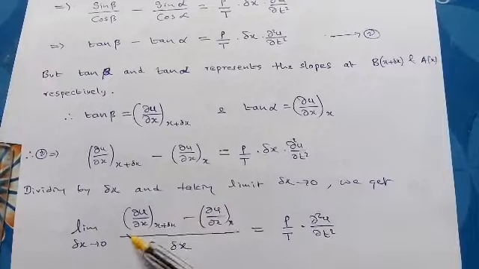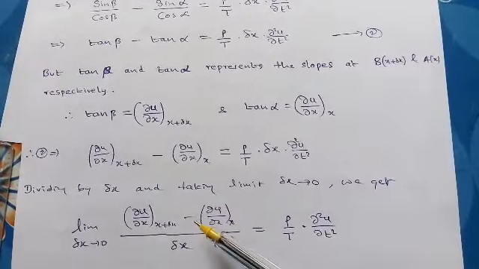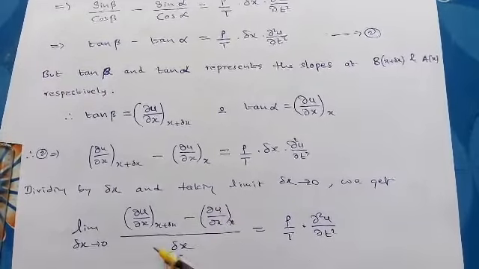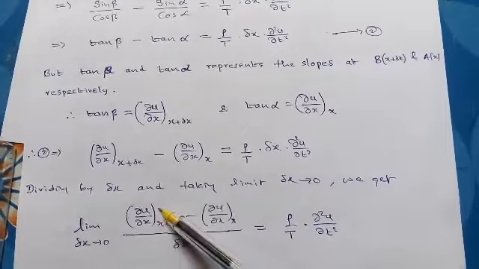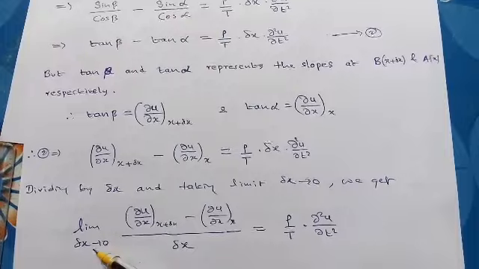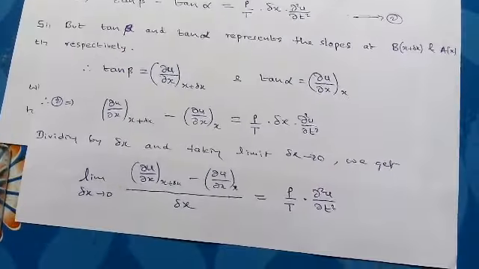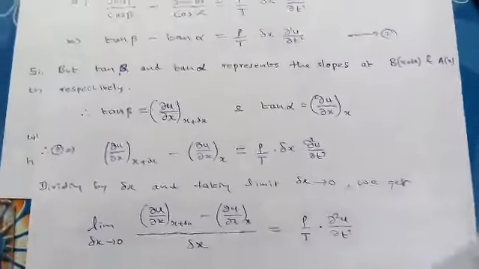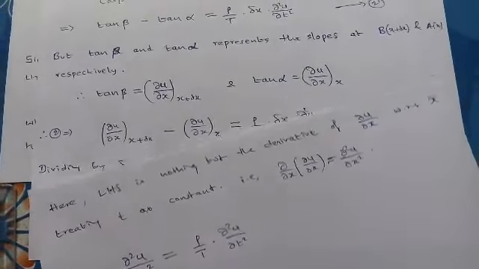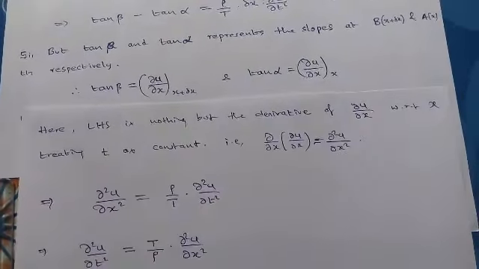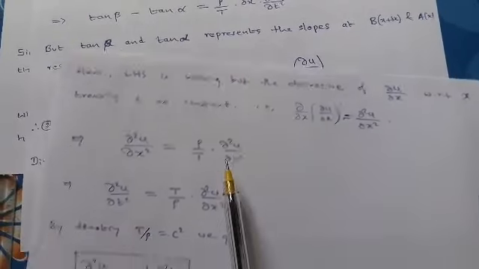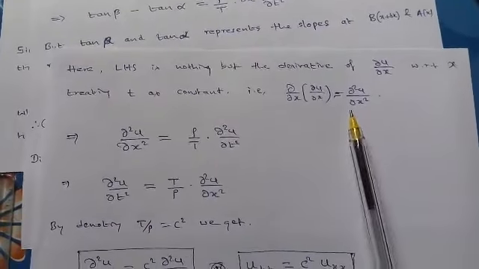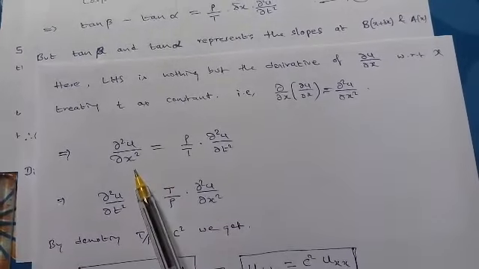By the definition of partial derivative, this limit is the partial derivative of dou u by dou x with respect to x. It is denoted by dou square u by dou x square. So the LHS becomes dou square u by dou x square.